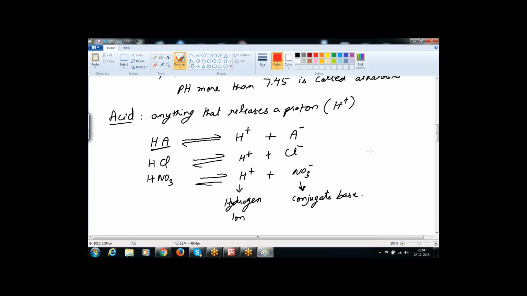This is sometimes an exam question. They give you any example of an acid and ask which of these is the conjugate base of this acid.